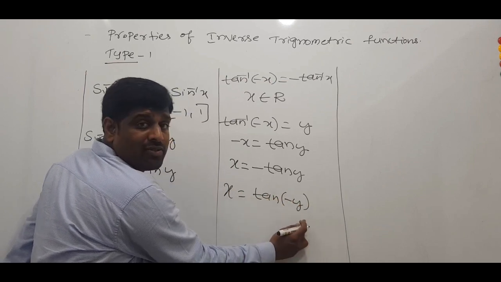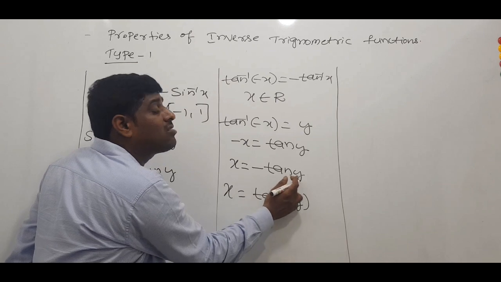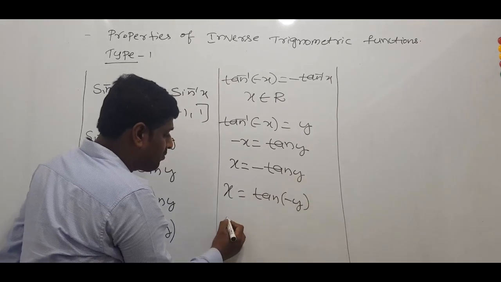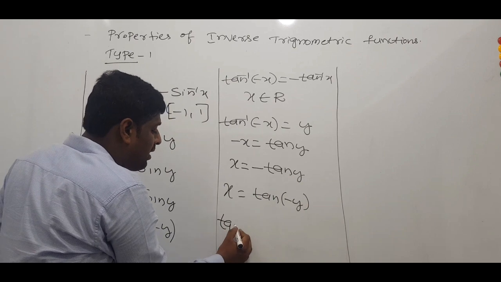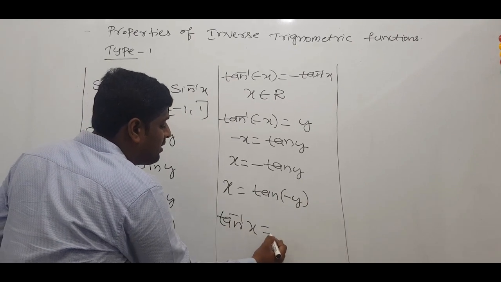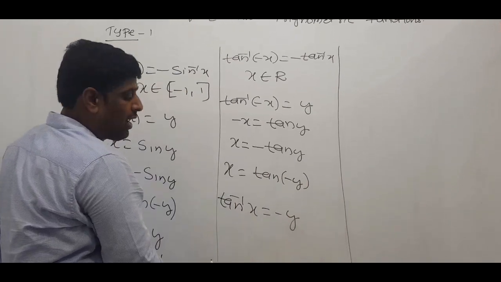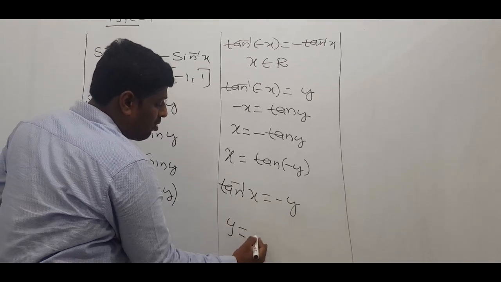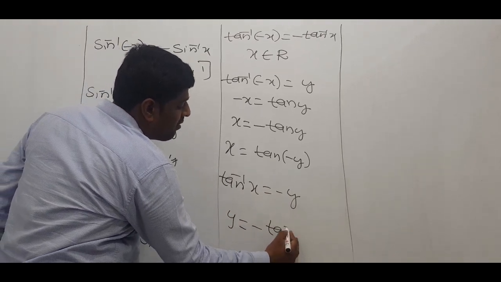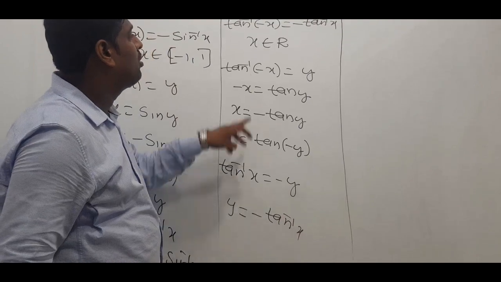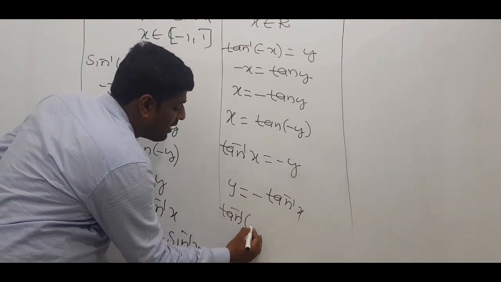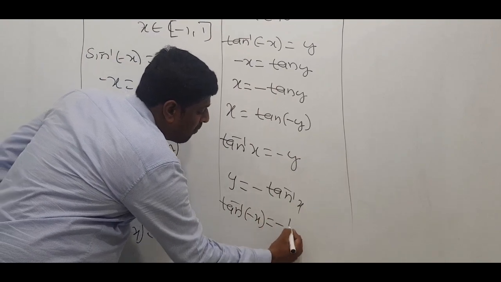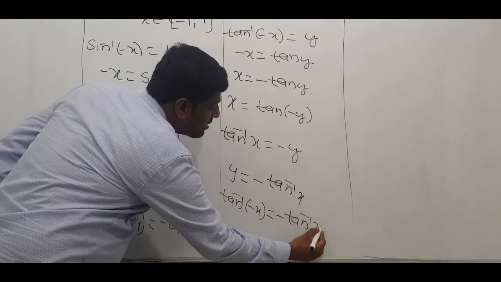Now shifting tan to the LHS, tan inverse x is equal to minus y, and y is equal to minus tan inverse x. Substituting the y value, tan inverse of minus x is equal to minus tan inverse x.